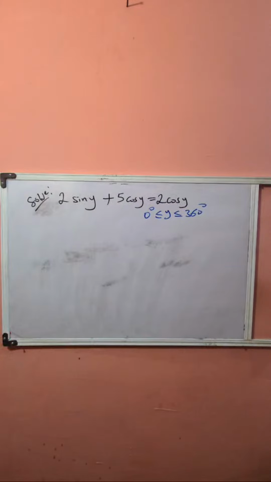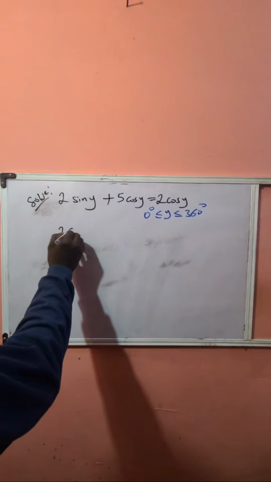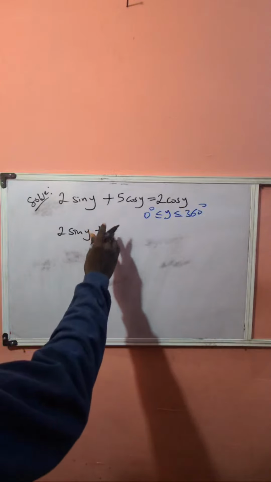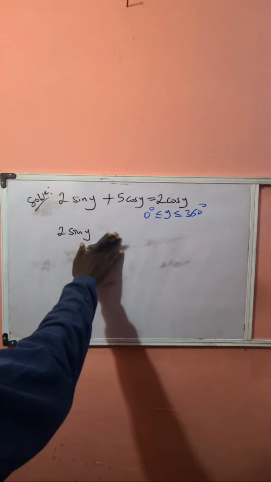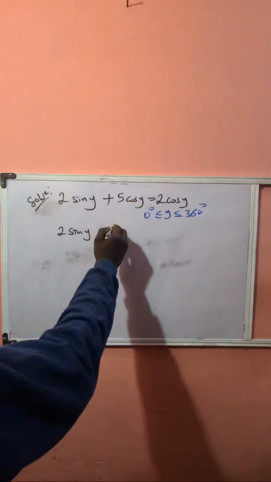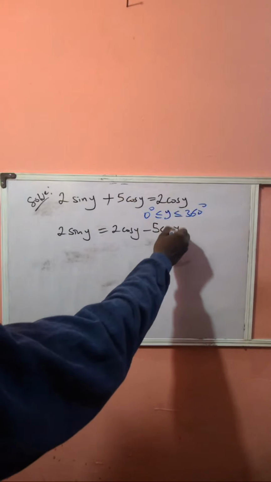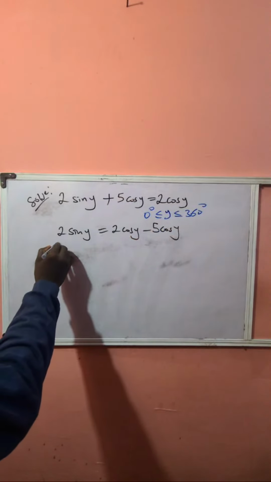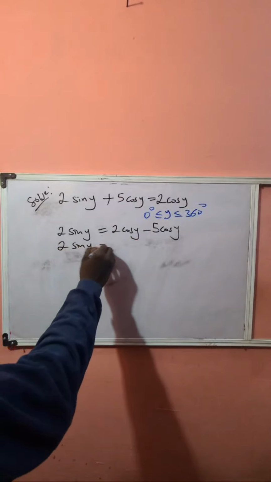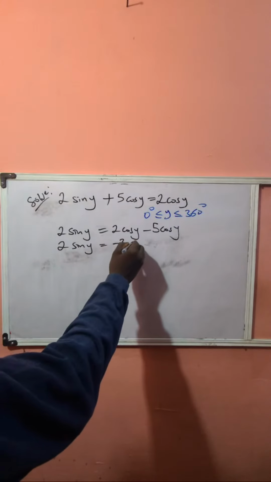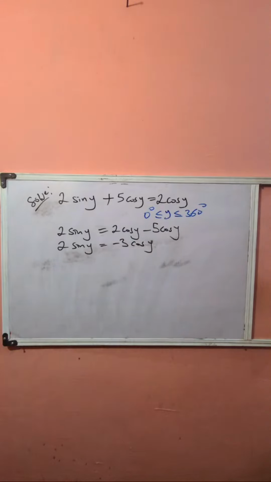So I want to move that to one side. So I'll be having 2 sin y equals to 2 cos y minus 5 cos y, so this will be 2 sin y equals to minus 3 cos y. That's the very first step.